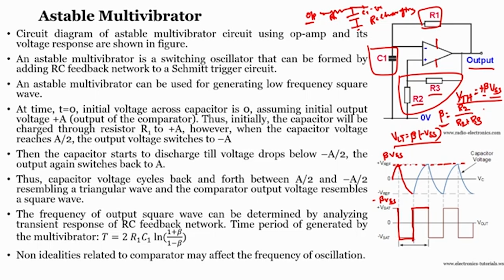As we have already seen in the theory class, as the professor discussed, how do we calculate our T value, and we also know that the relation is T equals 2 R1 C1 log of (1 plus beta) by (1 minus beta), where beta is nothing but R2 by R2 plus R3. We will theoretically verify, and we will also do the simulation verification along with an experimental verification too, right.